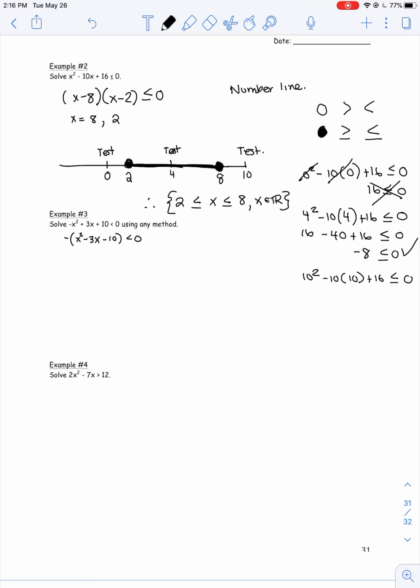So I need to find two numbers that multiply to -10 and add up to -3. So that would be x minus 5 and x plus 2. So what I like to do in my chart is split it into the factors. I'm going to include the negative sign with the first factor, and then my second factor will be x plus 2.